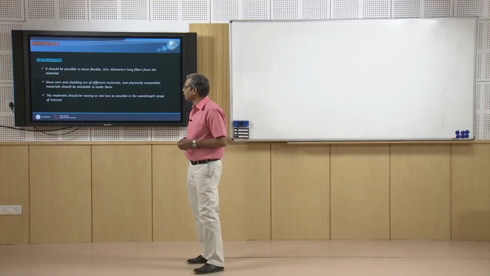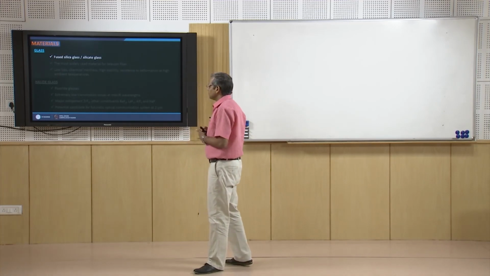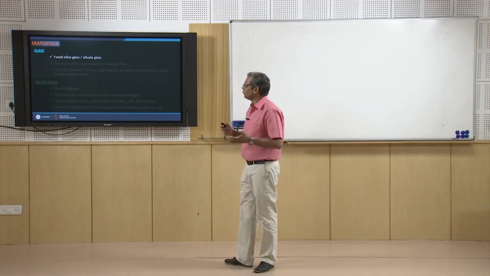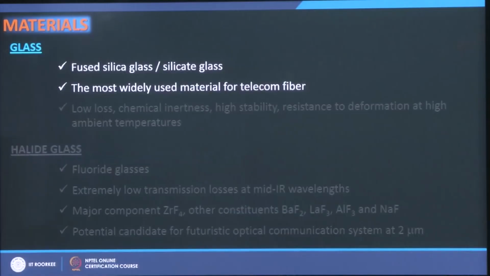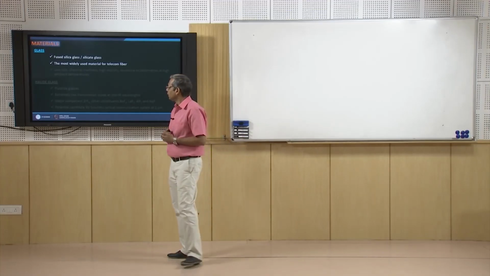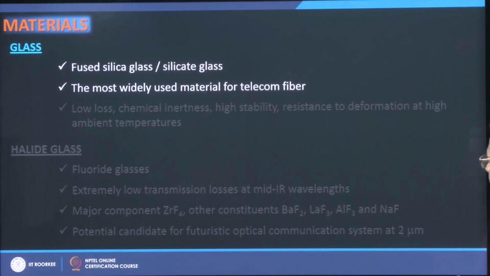attractive for fiber sensors. Now we will concentrate on silica glass fiber, and the fabrication of silica glass fiber is a two-step process. First is fabrication of the preform, and second is drawing fiber from the preform.